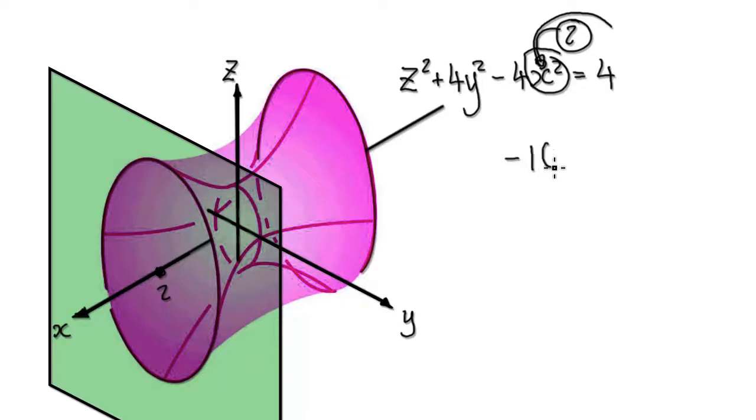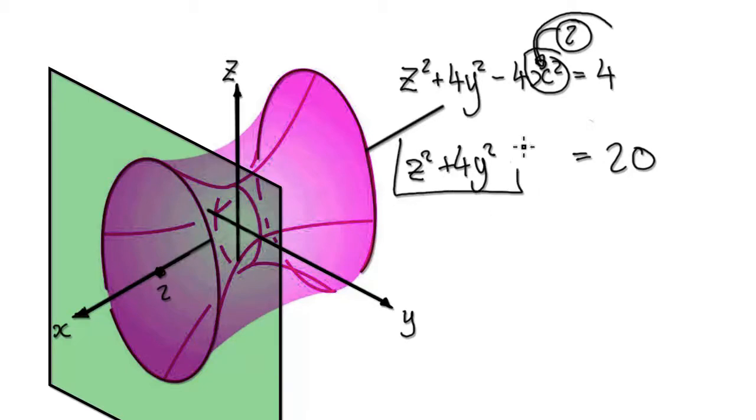So you're going to have minus 16, 4y squared, z squared, equals 4. So now add this to both sides. So that will then give us 20. So now you know that you're going to get an ellipse, but a bigger ellipse because the radius will be bigger. So that's why you've got a bigger ellipse here.